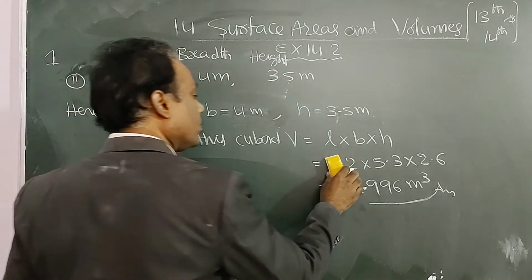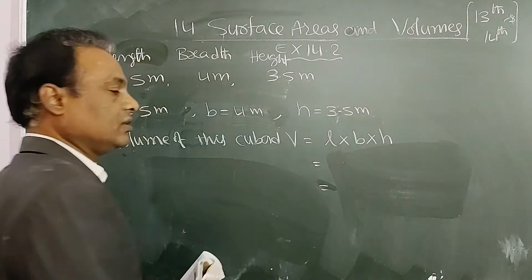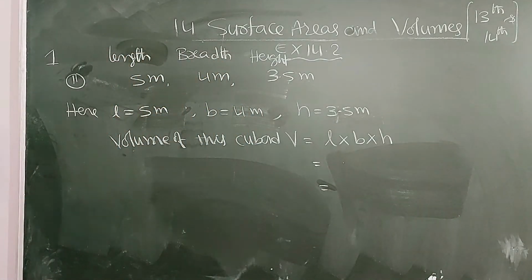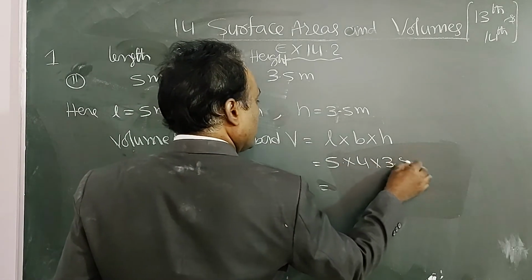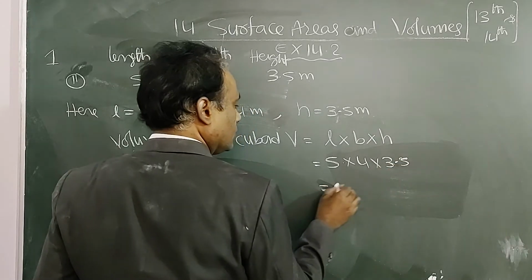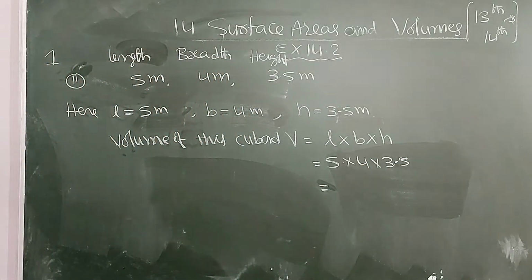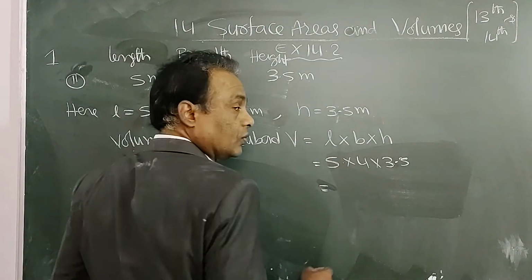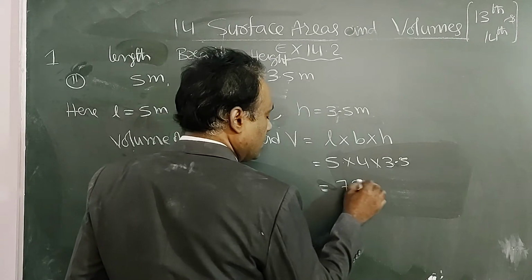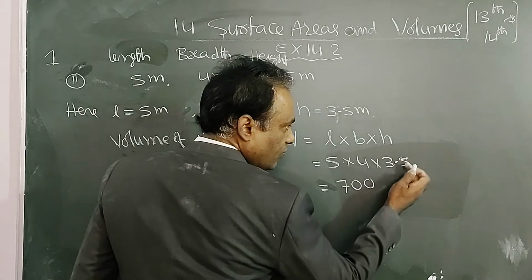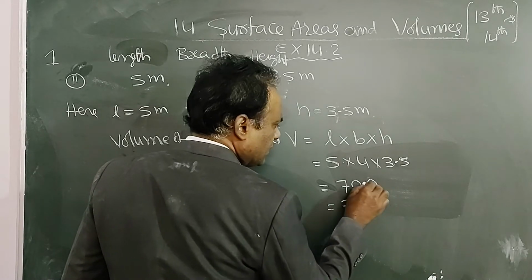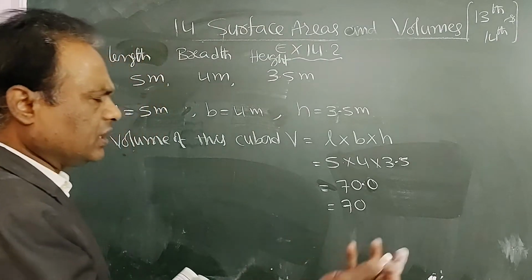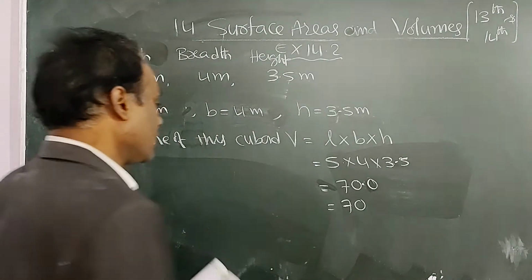Volume of the cuboid formula, length into breadth into height. 5 into 4 into 3.5. 35 into 4, 140. 140 into 5, 700. But decimal, before it one digit. So before one digit, that means 7. After decimal there is no significance for 0 in the last. So 70 meter cube.